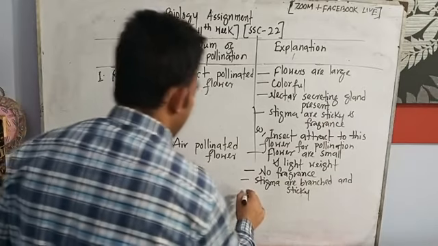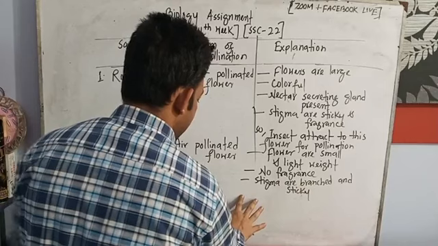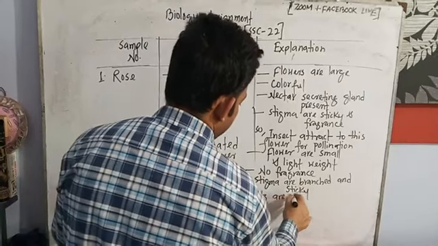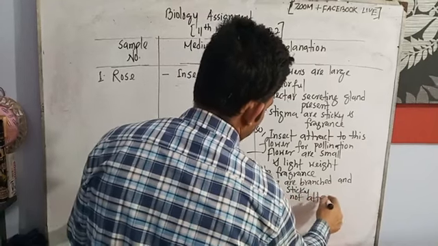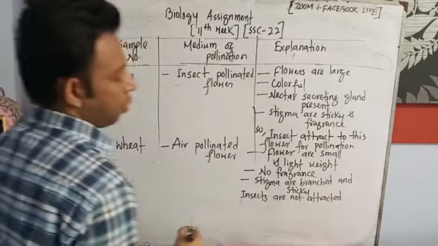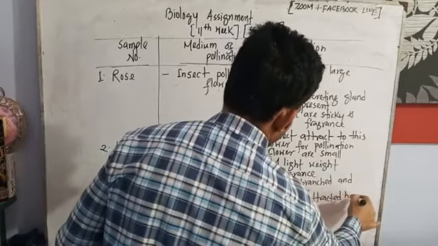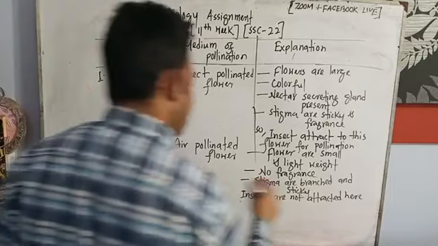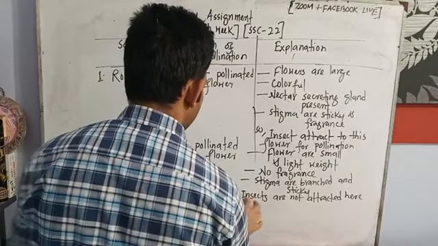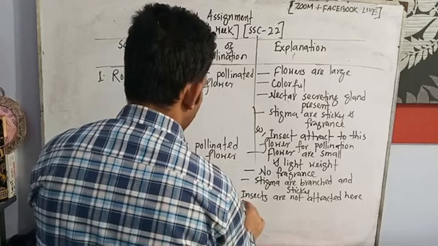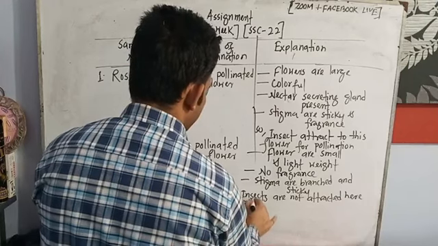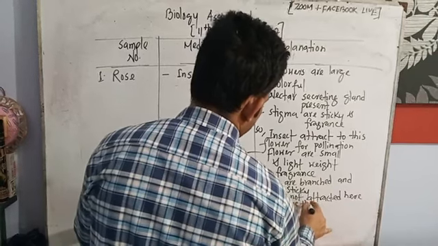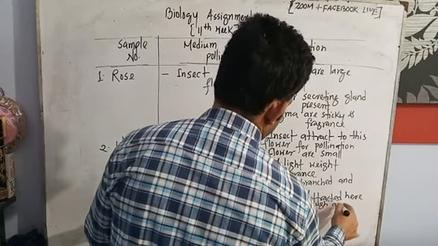Insects are not attracted here, so pollination is done through air.